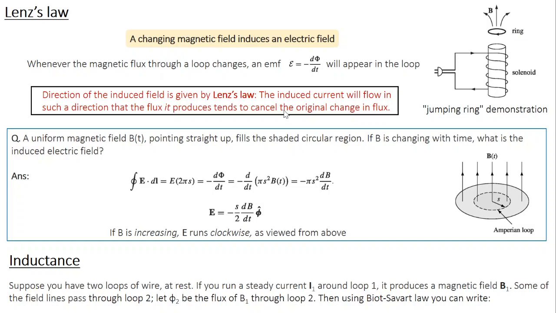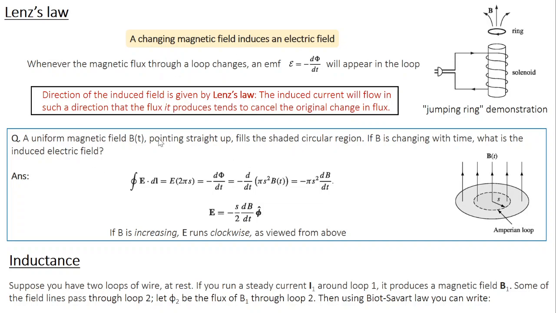It is in such a direction that it opposes the original change in flux. Now the original flux was created by a current flowing in this direction. So consequently, the induced field will drive current in the opposite direction. So I have current flowing this direction here, current flowing in this direction here. Since opposite currents repel, the ring jumps up.